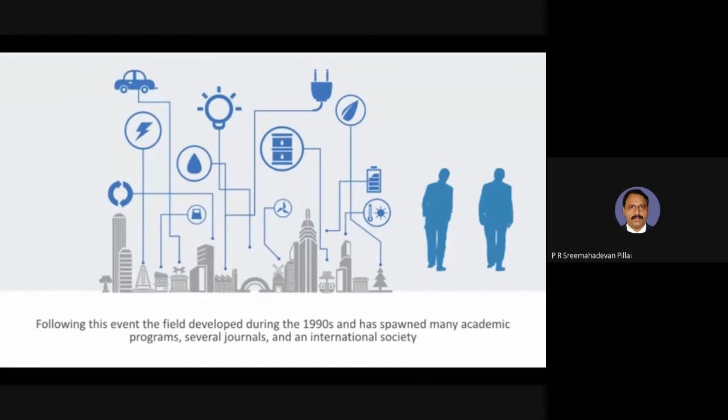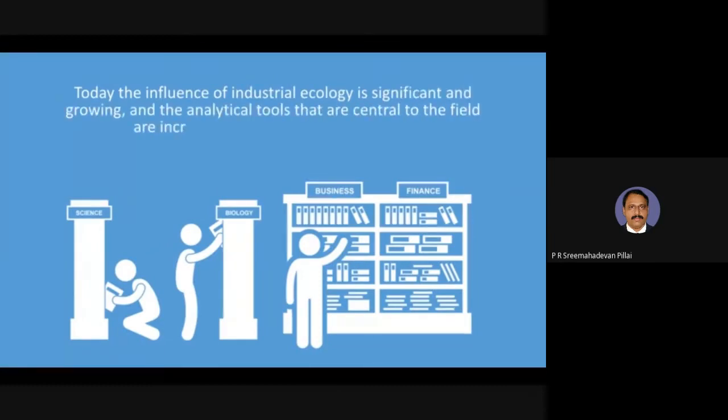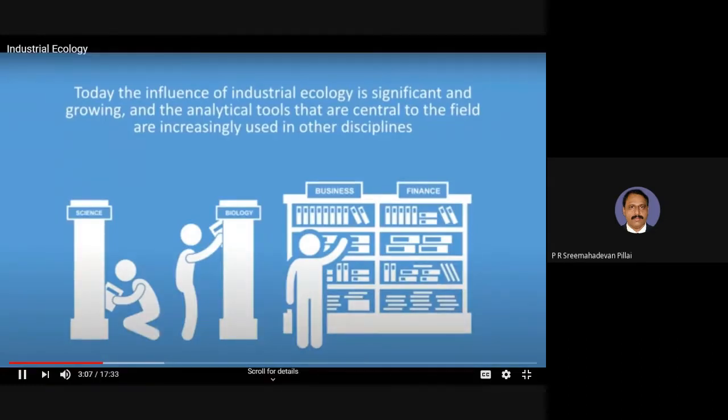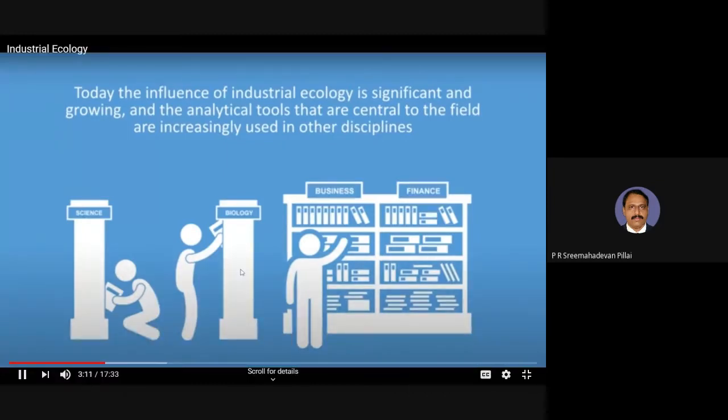Today, the influence of industrial ecology is significant and growing, and the analytical tools that are central to the field are increasingly used in other disciplines. Recent publications in top scientific journals signal the coming of age of the field. On a more practical level, industrial ecology principles are also emerging in various policy realms, such as the United Nations and China recently promoting the concept of the circular economy.